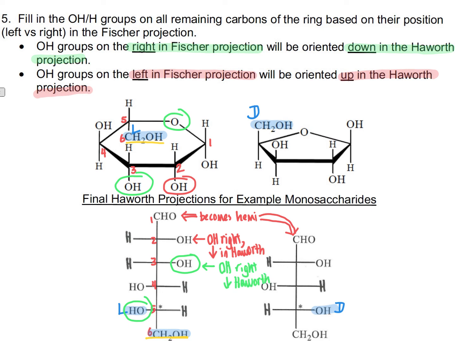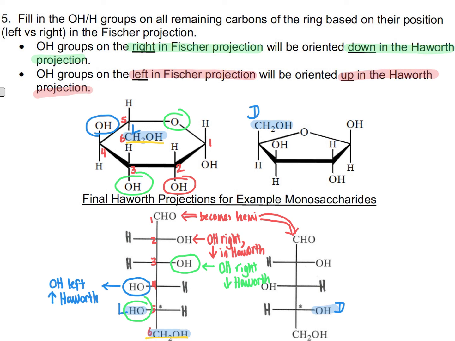Coming to the next position, at position 4, the OH group was oriented to the left in the Fischer projection, and therefore in the Haworth projection, that hydroxy group needs to be oriented upward. And indeed, it is on the left, and then here at position 4, it's oriented upward.